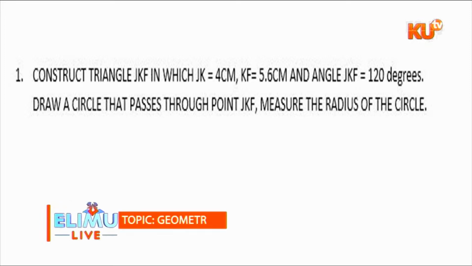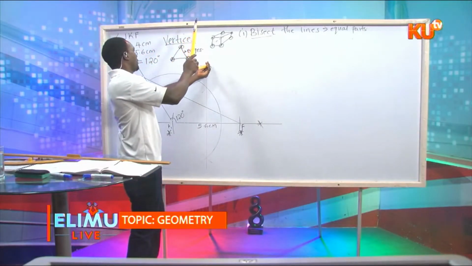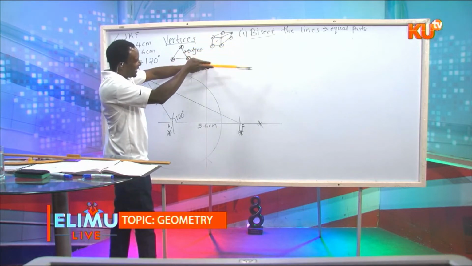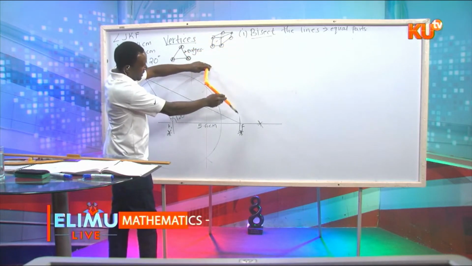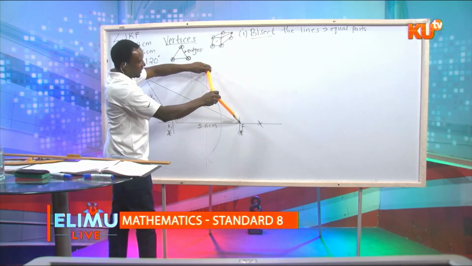There, you now take your compass, you can change the side. Put it there. Then touch one of the vertices. You can touch there.